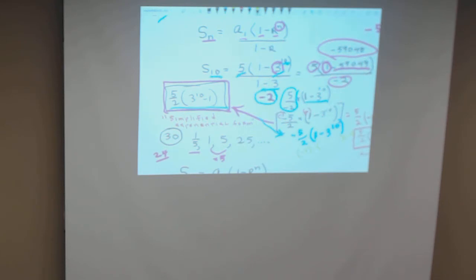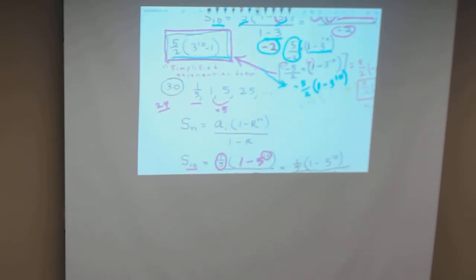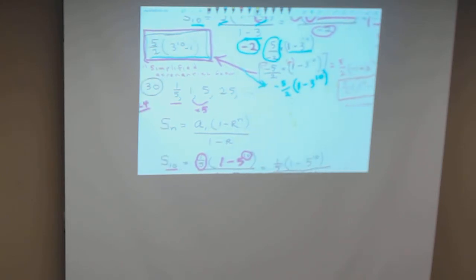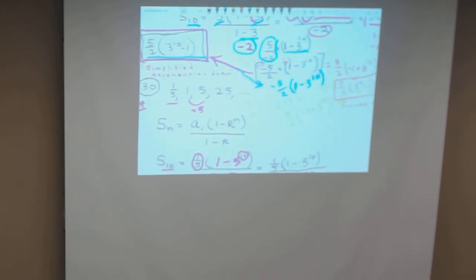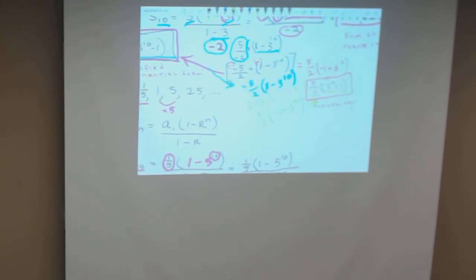What's negative 5 halves times negative 1? 5 halves. What's 1 minus 3 to the 10th times negative 1? Negative 1 plus 3 to the 10th. So that's why the answer key says 5 halves times 3 to the 10th minus 1. Negative 1 plus 3 to the 10th is the same as 3 to the 10th minus 1. So this answer, the keyed answer, and this answer say the same thing.